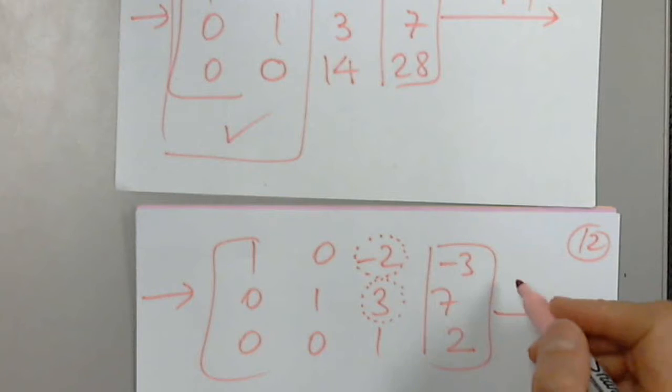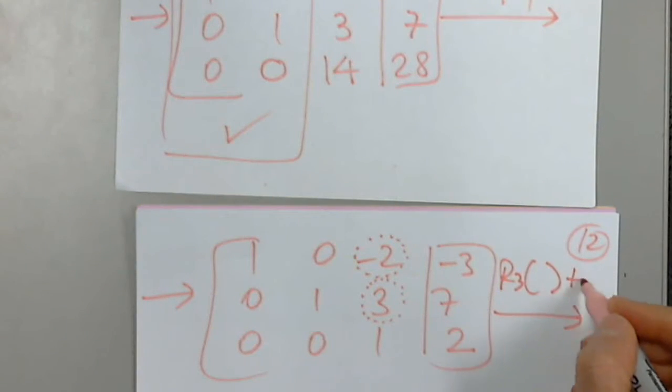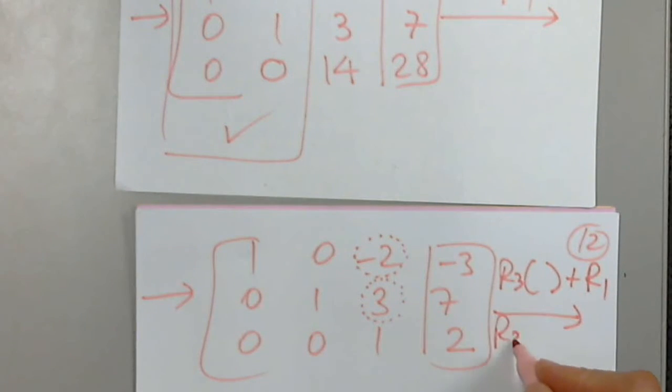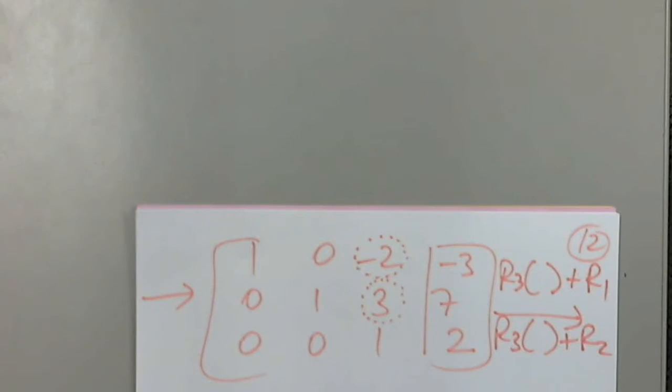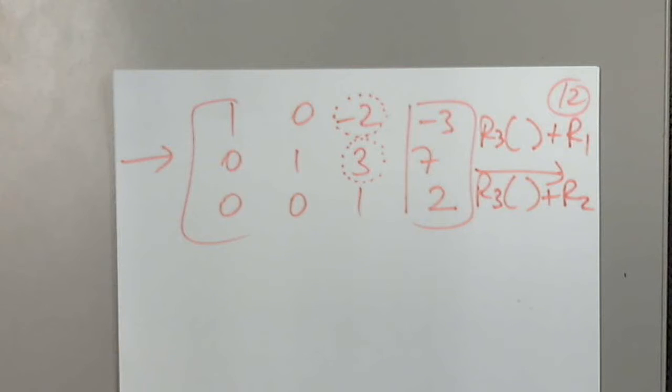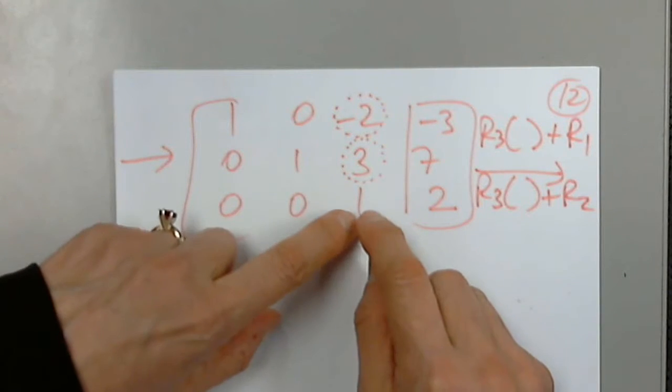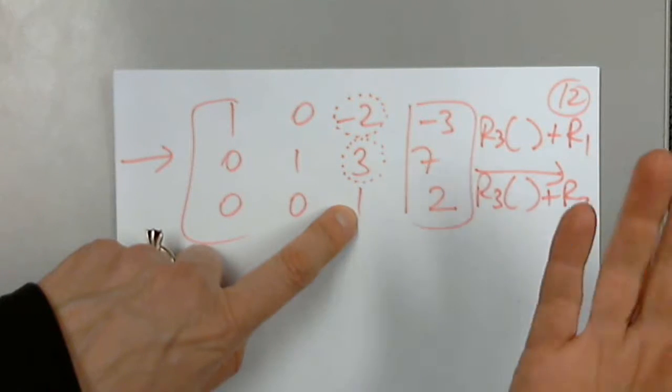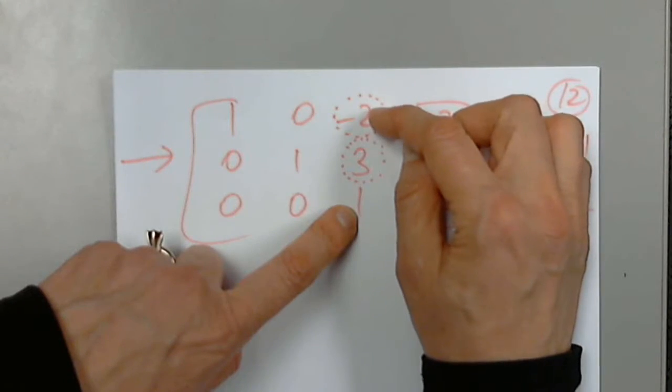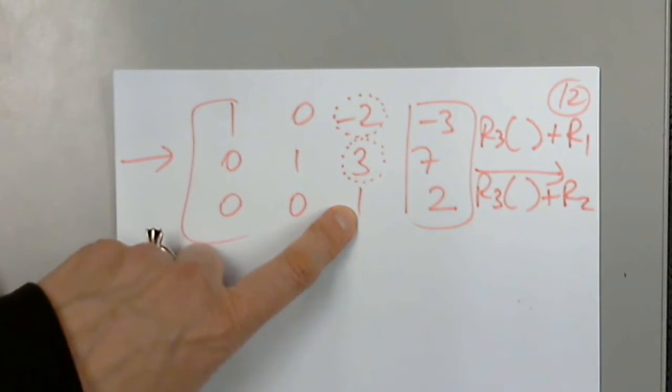So yes, I will be using row 3 to multiply it by something and add it to row 1, and row 3 multiplied by something else and add it to row 2. So 1 will be multiplied by what? Added here to get a 0 here.